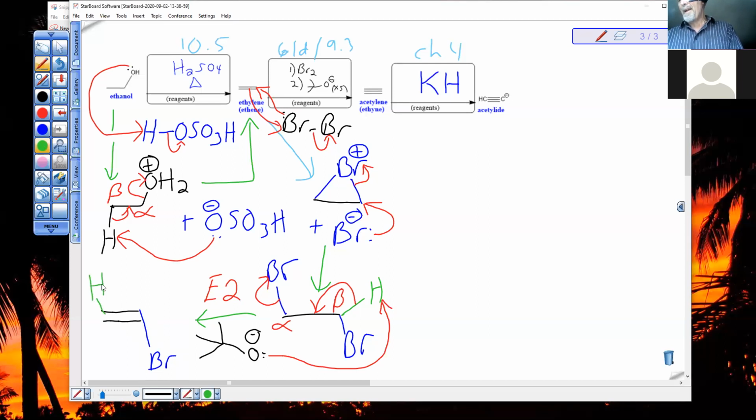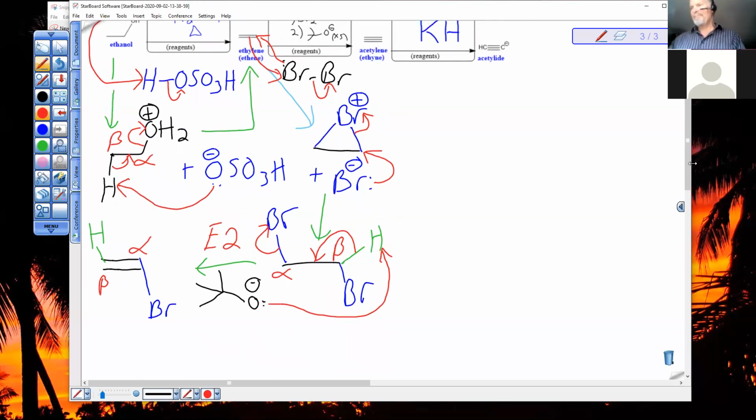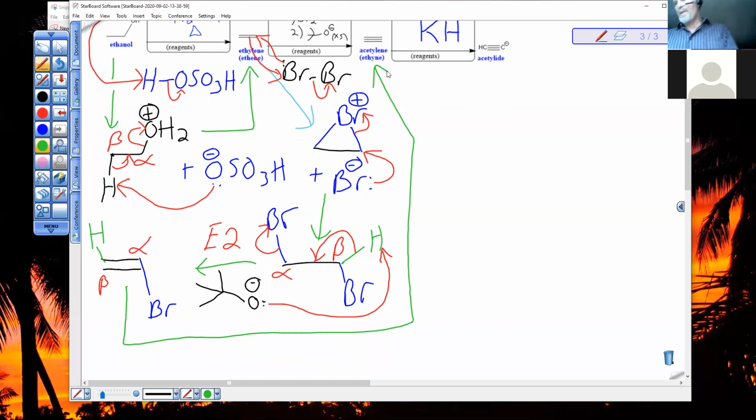If I call that the beta, well, I don't have any choice this time. Alpha is the one with a bromide, and beta is the one with the H that needs to be removed with our second mole of tert butoxide to make acetylene. Let's see how well this works. Nice. And tert butoxide number 2 right here.